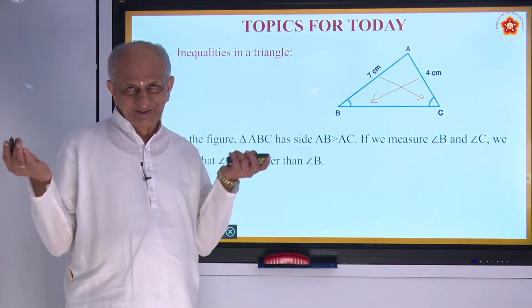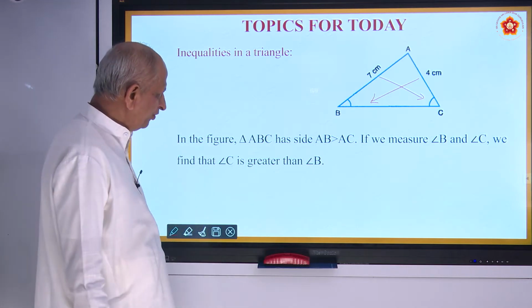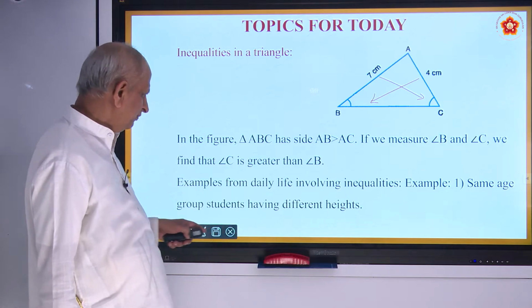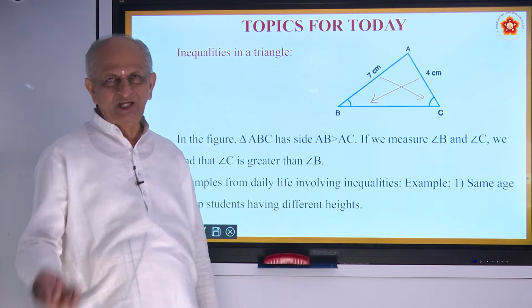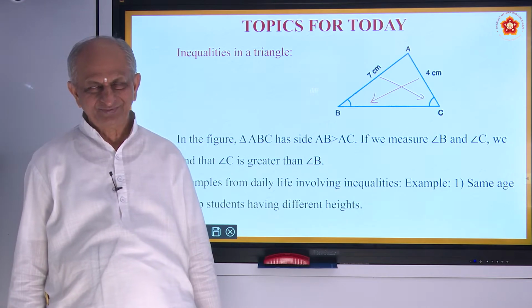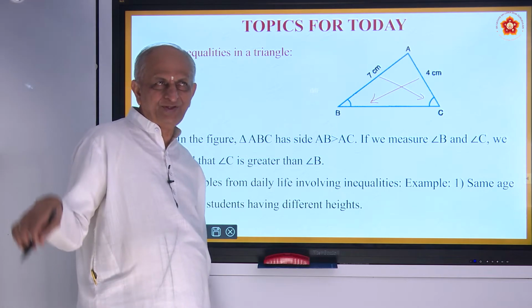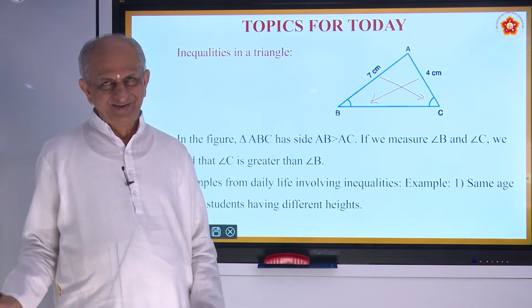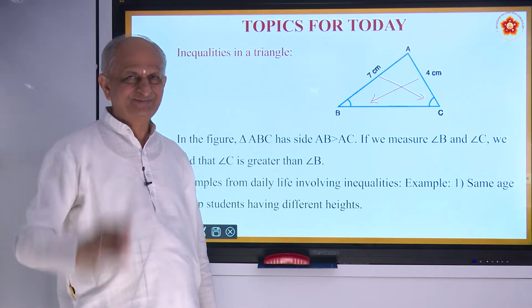Now, where do you find such inequalities in life? You have so many examples. For example, you have the same age group, say all of your 10th class. Same age group. But if you see the heights of the students, maybe boys or girls, heights vary. Some are very short, some are very tall.